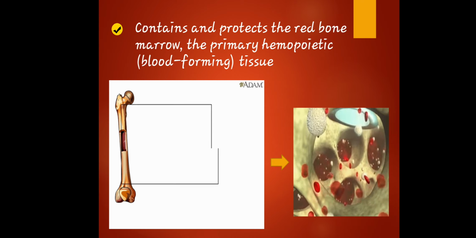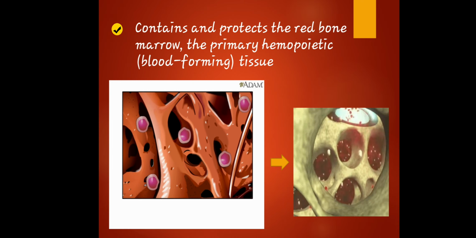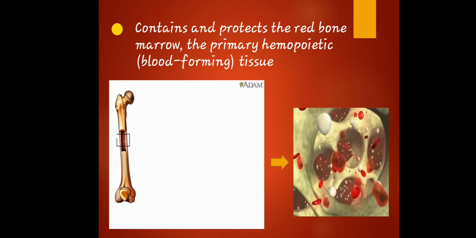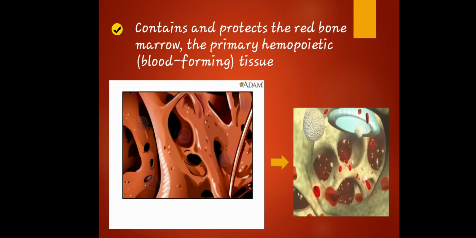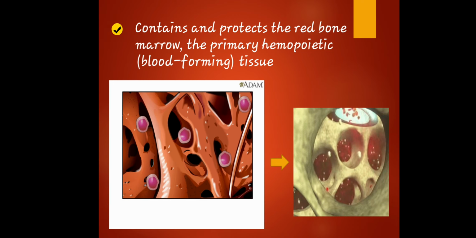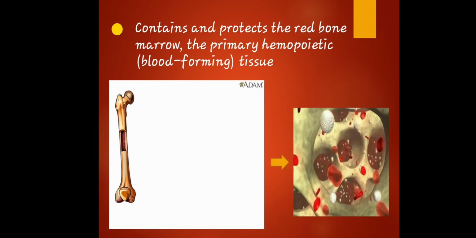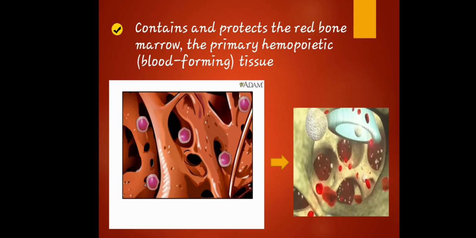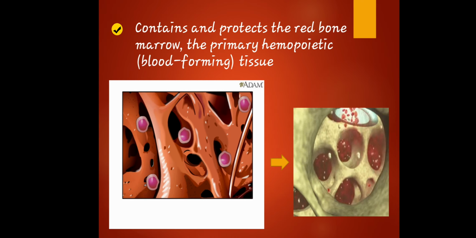As you can see, in the internal part of our bone, we see the red bone marrow or the blood forming tissue.